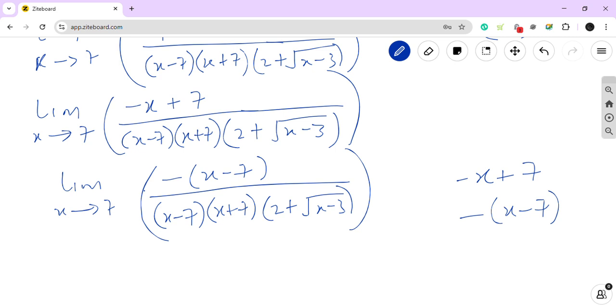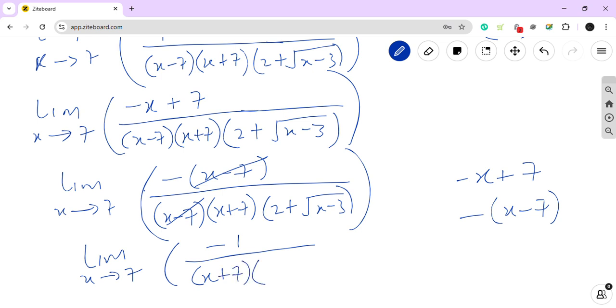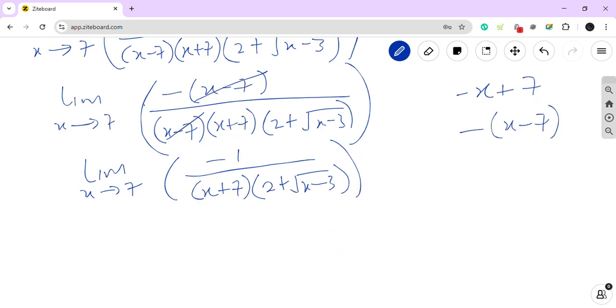Alright, so this can cancel this, so we have the limit as x tends to 7 of minus 1 over x plus 7, 2 plus root x minus 3. Alright, so it's easy for us to substitute now.